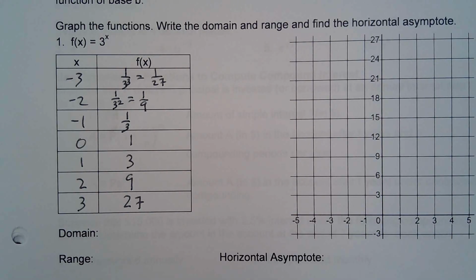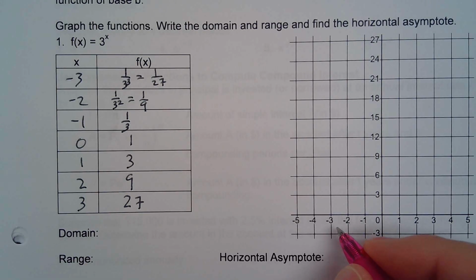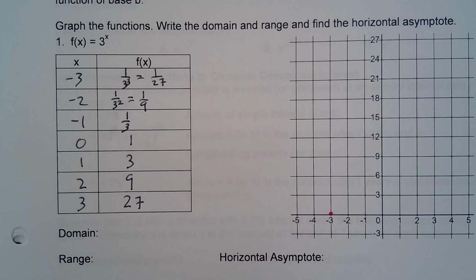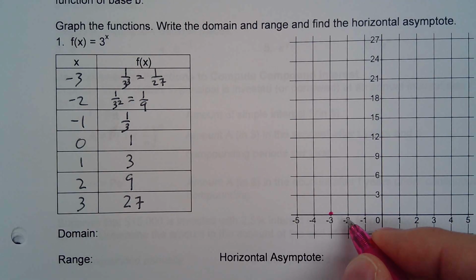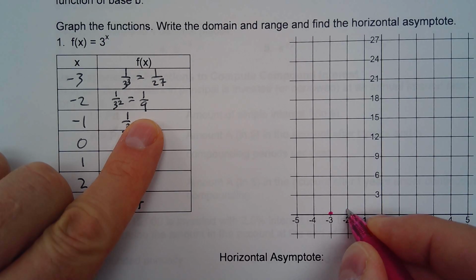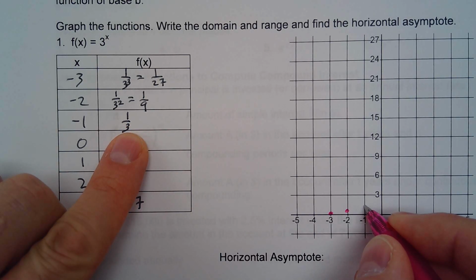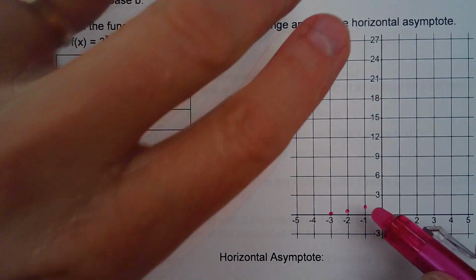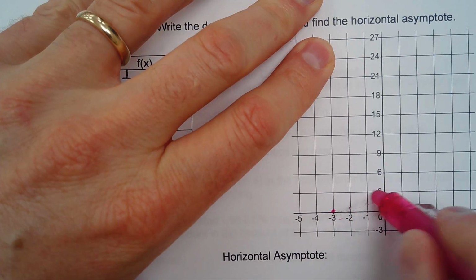So if I start plotting these, -3, 1/27, that's really, really small. So that's almost right on that x-axis. -2, 1/9 is not much better. -1, 1/3. Let me see if I can draw this.